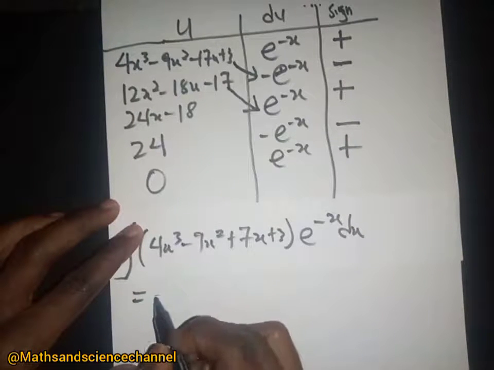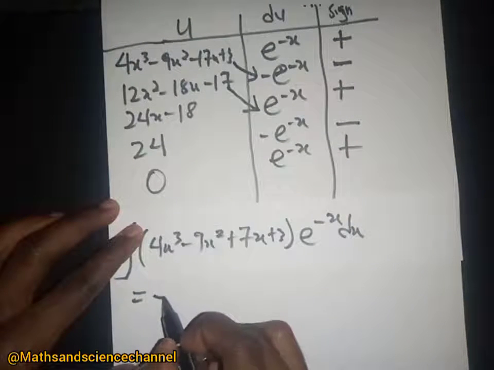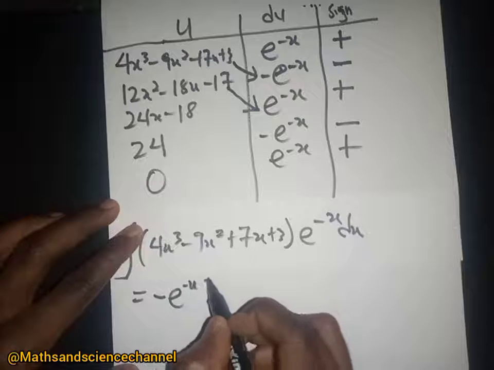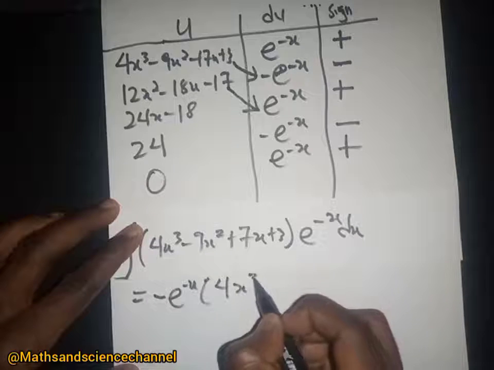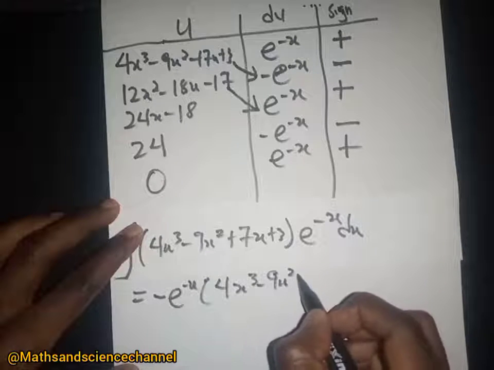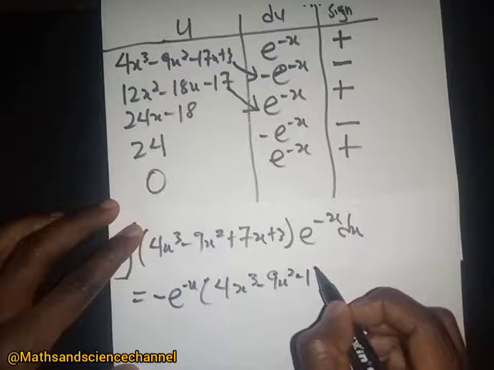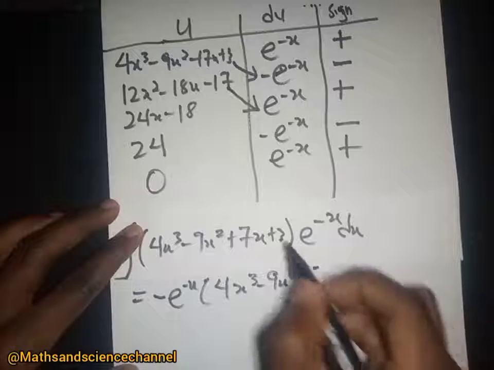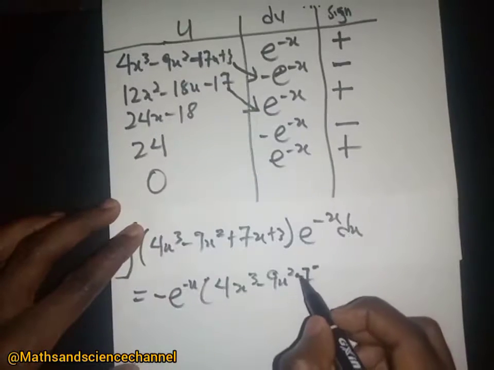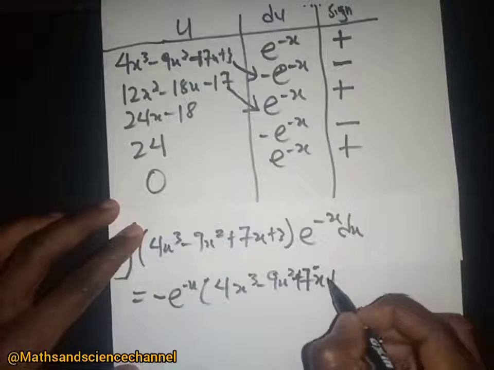So what I mean is we take the negative e to the power minus x multiplying 4x cubed minus 9x squared plus 7x plus 3.